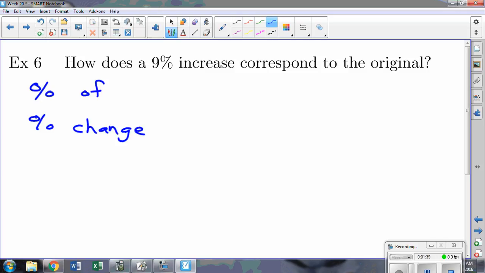They're not the same thing. Many students struggle recognizing when a problem is having you work with percent of versus percent change. Many students will struggle incorporating them in the problems. It is one of the most fundamental skills that we have.